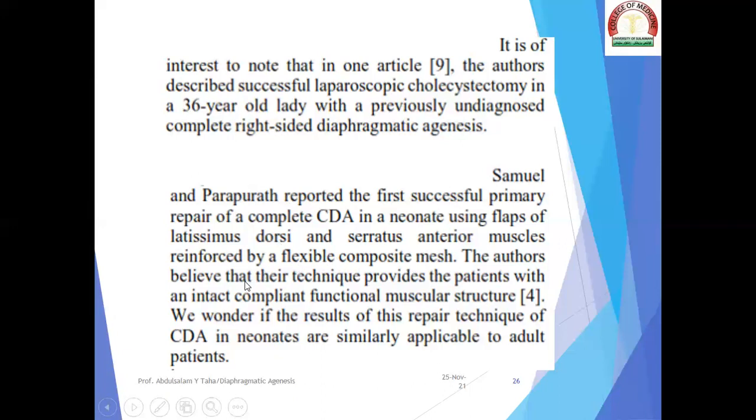The authors believe that their technique provides the patients with an intact, compliant, functional muscular structure. We wonder if the results of this repair technique of congenital diaphragmatic agenesis in neonates are similarly applicable to adult patients.